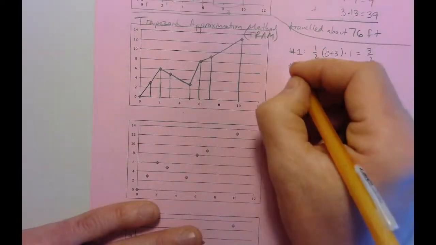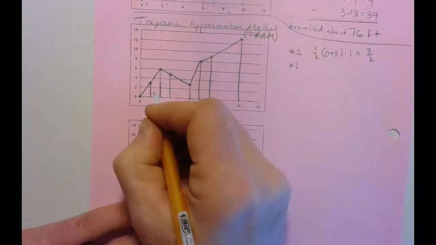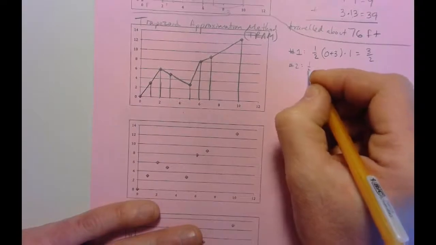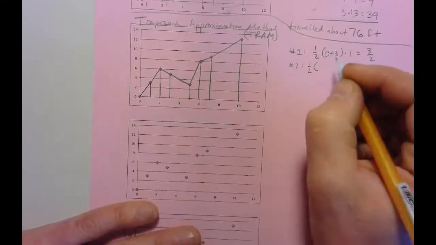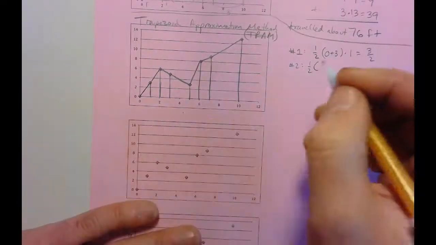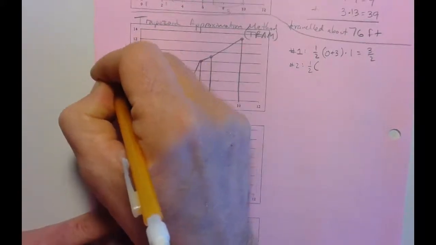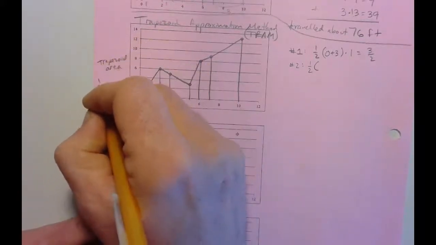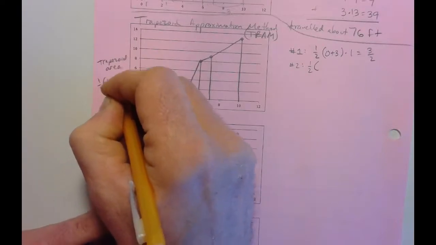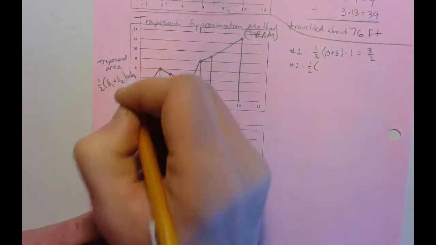If we look at subinterval number 2, again it's the area of a trapezoid. Maybe you forgot this, I'll write it over here. Trapezoid area, 1/2 base 1 plus base 2 times height.